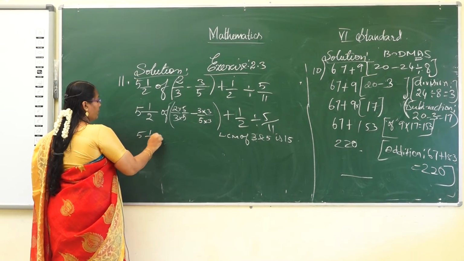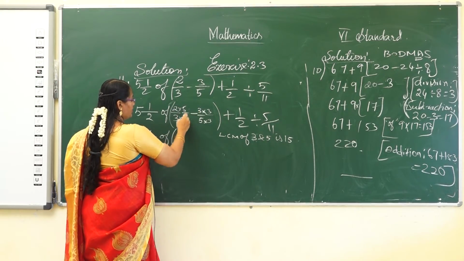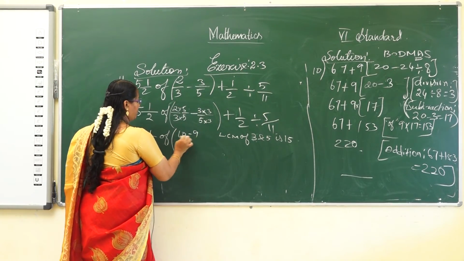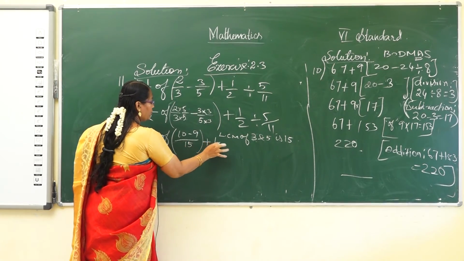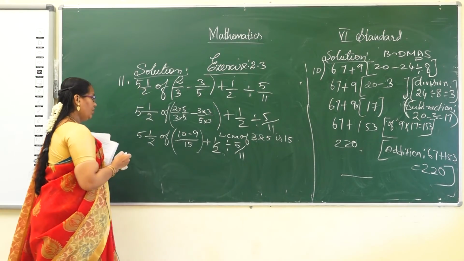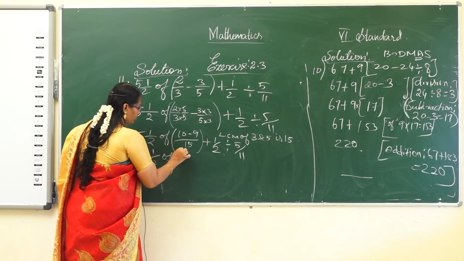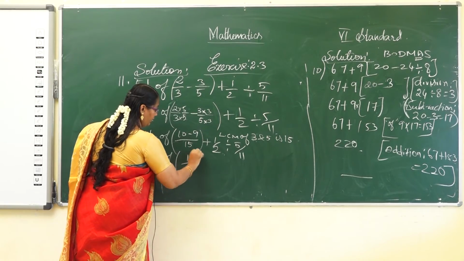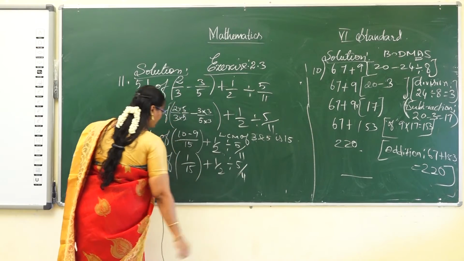So 5 1 by 2 of, simplify: 10 minus 9 by 15, plus 1 by 2 divided by 5 by 11. So 5 1 by 2 of 1 by 15 plus 1 by 2 divided by 5 by 11.